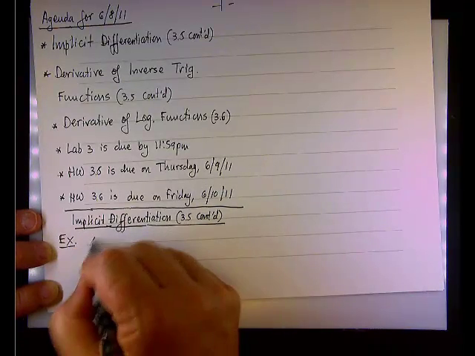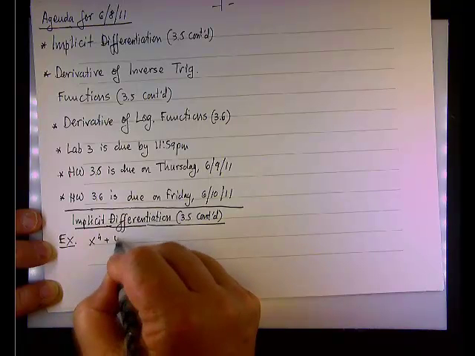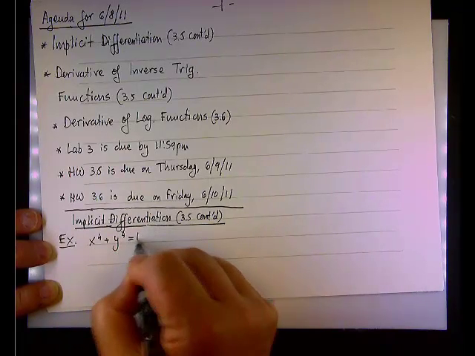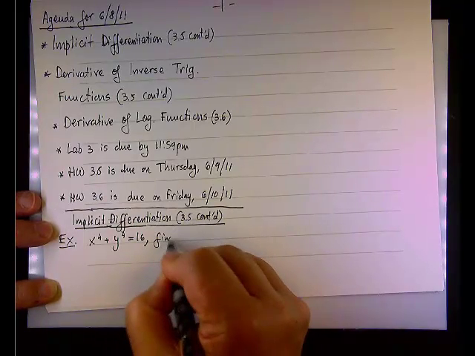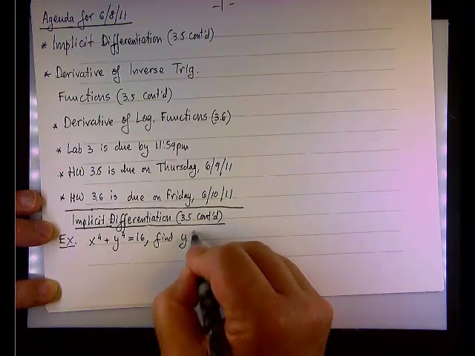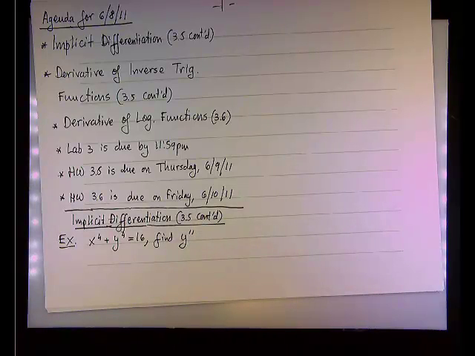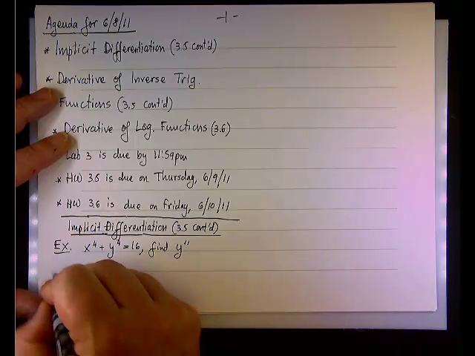You have a function that looks like this: x to the fourth plus y to the fourth equals 16. What we need to find is y double prime, not y prime. And as I said, this is a doozy.